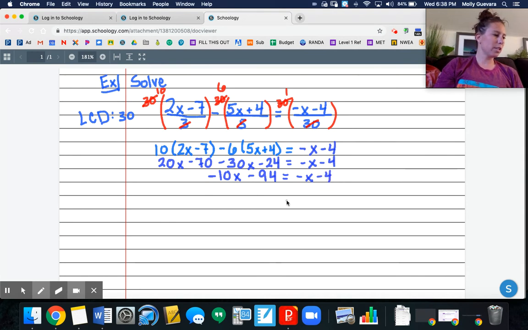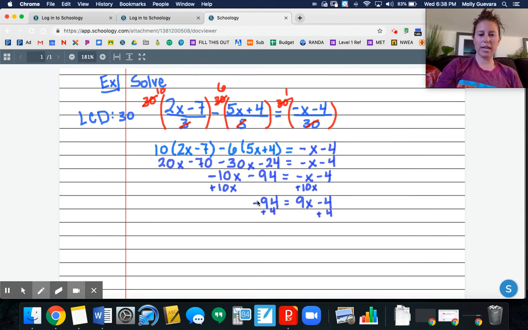Multiple ways to do this here. I'm going to add 10x now, just because I want my x to be positive. Negative 94 is equal to 9x minus 4. And then last step, I can add 4.